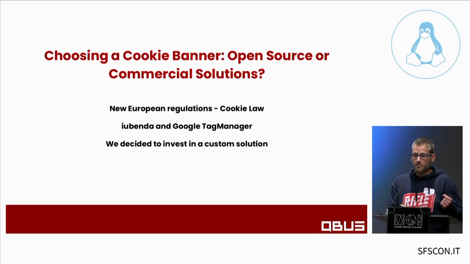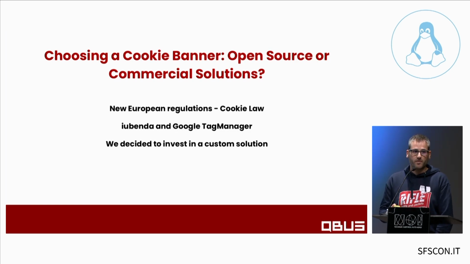Ubanda became very popular in the last years since it offered various integrated solutions for GDPR and cookie compliance, but we were facing high licensing costs and a lot of bureaucracy. And regarding Google Tag Manager, we would be implementing ourselves all the scripts and the third-party solutions for the cookie banner. But for both of the solutions, we were scared to face the vendor lock-in that usually happens with those big IT players.